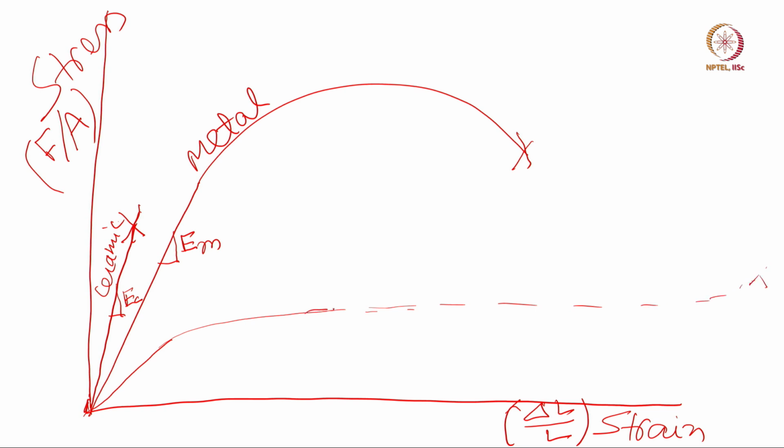I put a dotted bar. Dotted bar essentially means the scale is large and many times it can go to greater than 100% strain to failure, that is epsilon f.